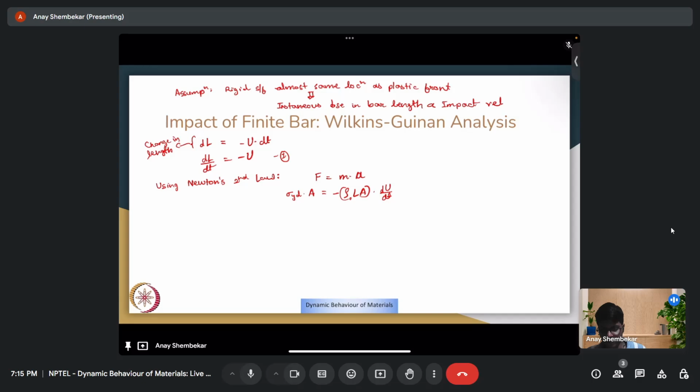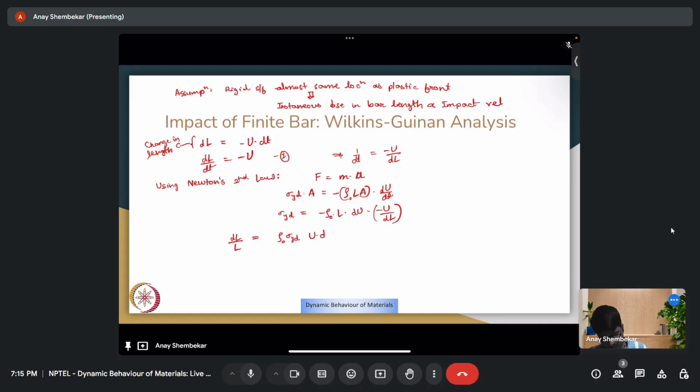If I move this around, what I get is sigma yd is minus rho naught L du by dt, and dt is minus u by dL, which gives us dL by L is equal to rho naught u du by sigma yd.